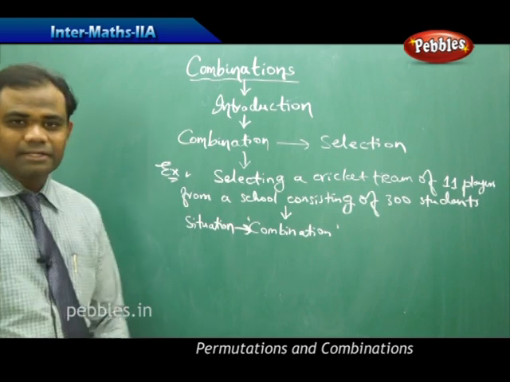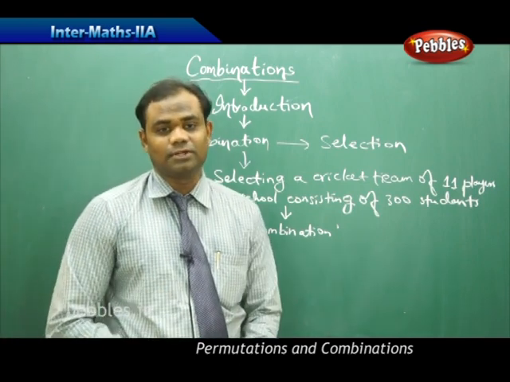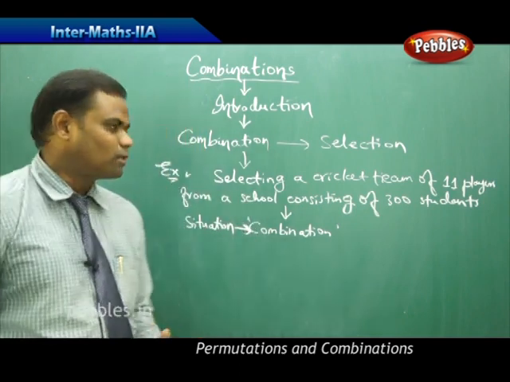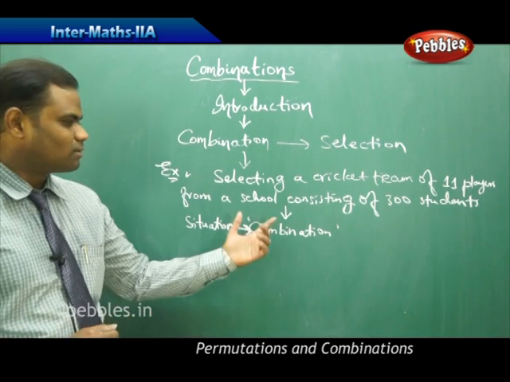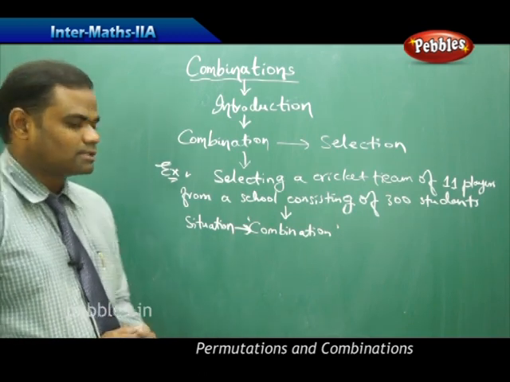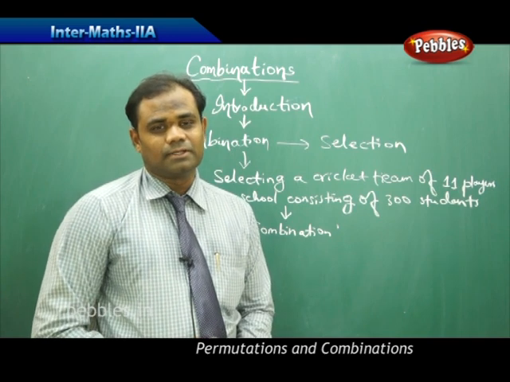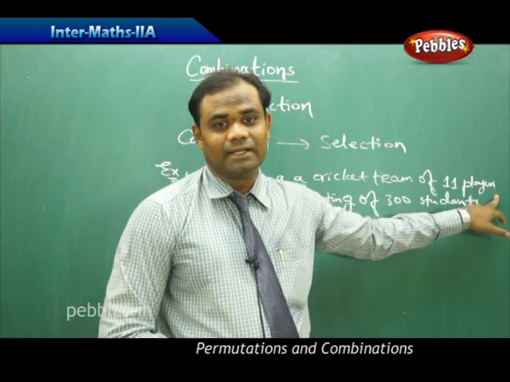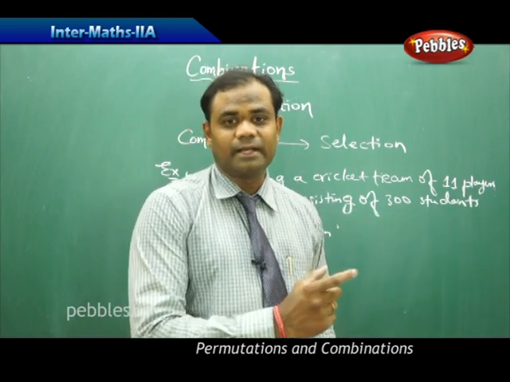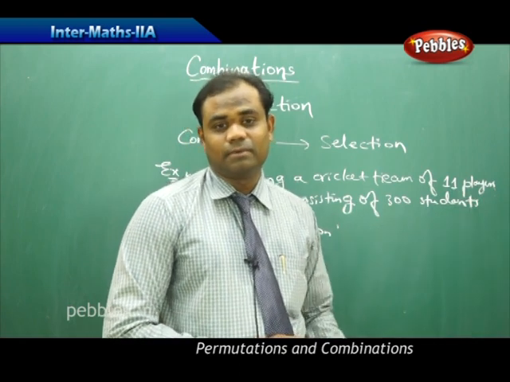So we need to identify through the given problem whether a problem is based on permutation or a combination. Now this problem, selecting a cricket team of 11 players from a school consisting of 300 students, is clearly a problem based on combination. But if I wanted to arrange those players in a proper order, then the question comes on arrangement, and hence we try to consider arrangement in case of permutation.